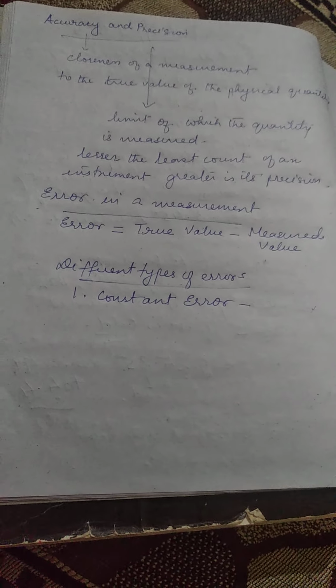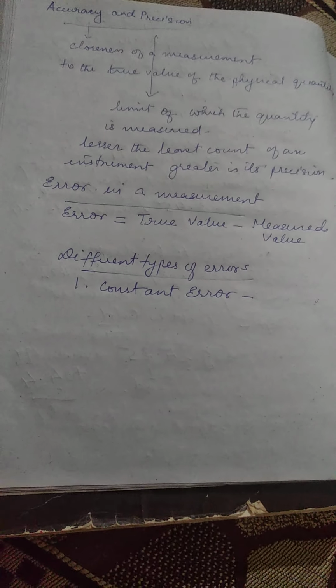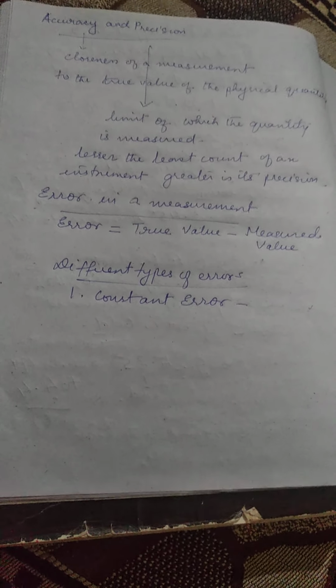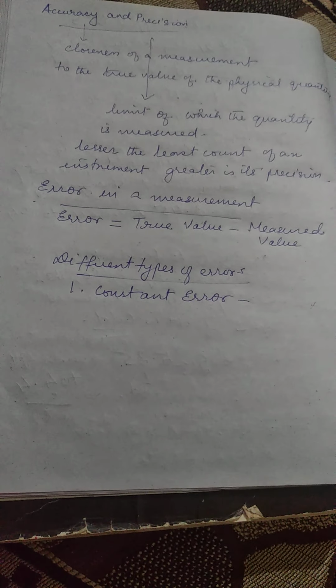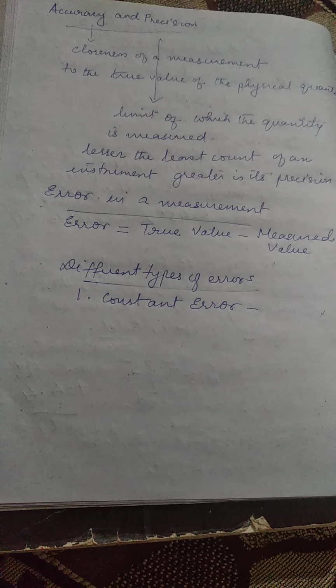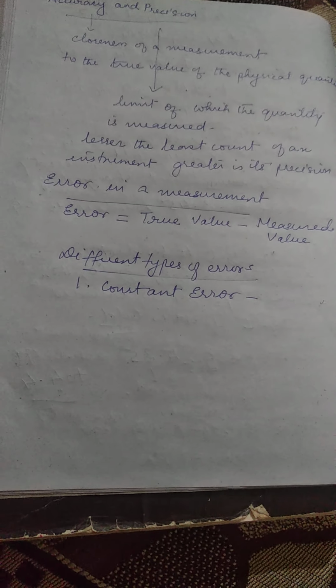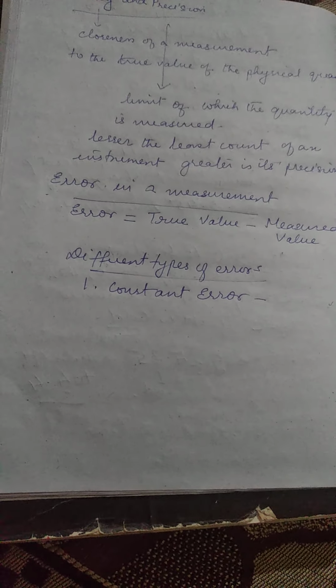So when the body's temperature is 90 degree, it measures 95 degree. That means when the body's temperature is 85, it will give you a reading of 90 degree. That means every time the reading will be more by 5 degree. So such errors are called constant errors.